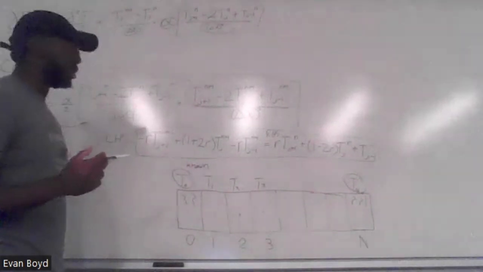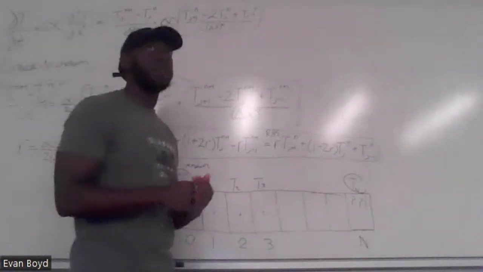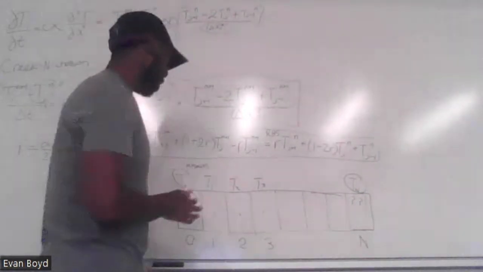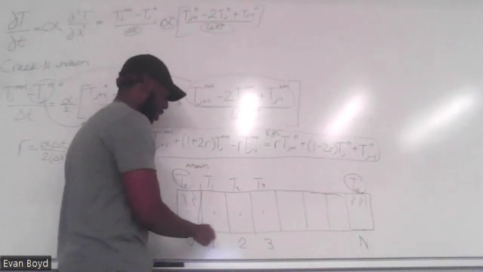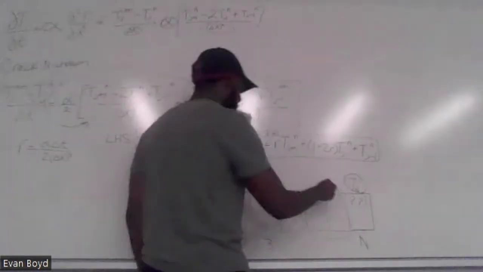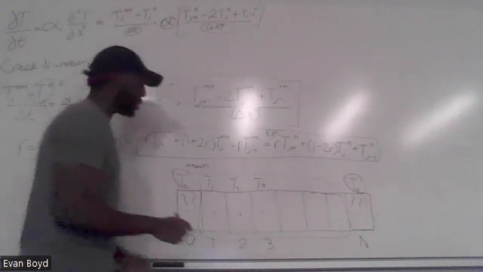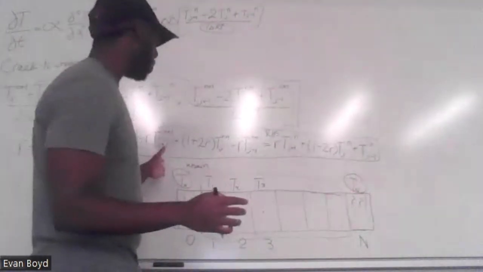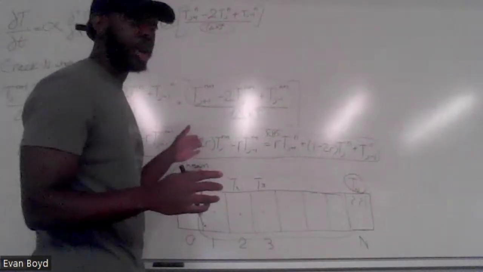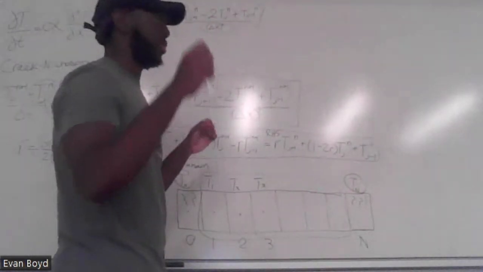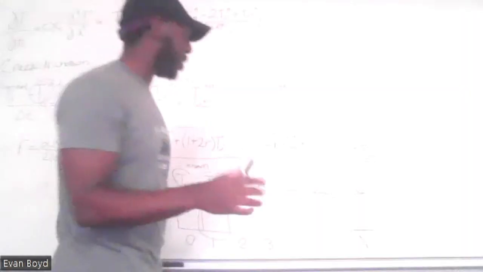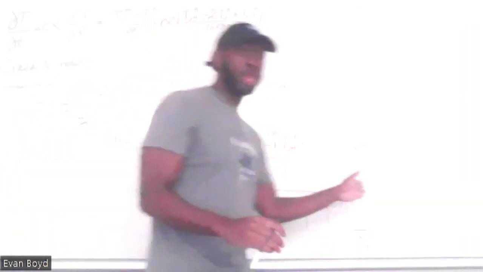But past time 0, we do not know any of the blocks in between here. So all the blocks in between, temperature at position 0 and temperature at position N, we have no clue what the temperature will be.